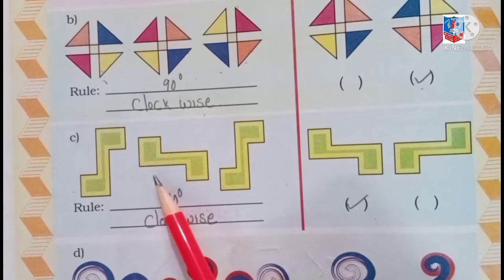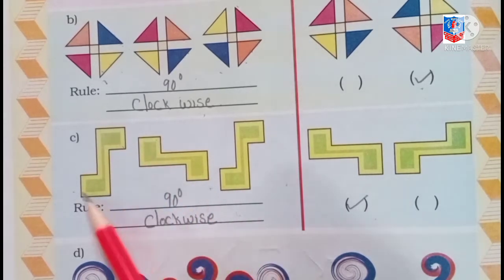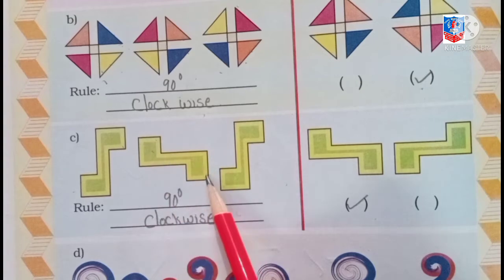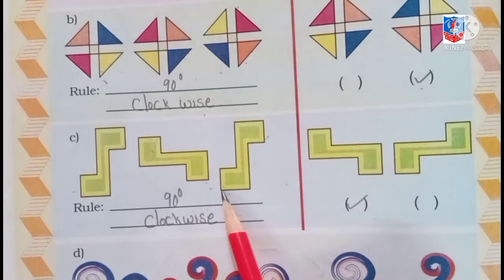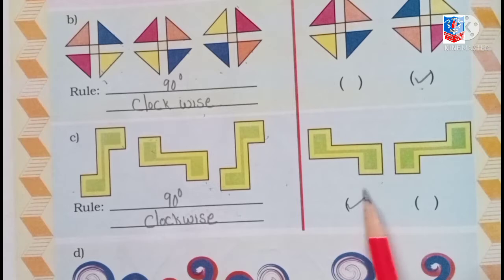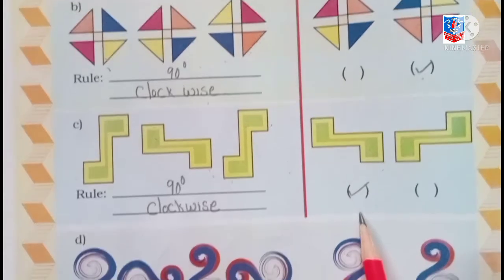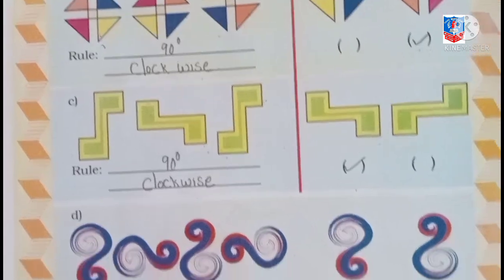To rotate this way. See, this part came here and this part came here. Again, you will rotate this way. This part came here, this came here. Now when you rotate, this will come here. So next, this will come. That means the rule is 90-degree clockwise.